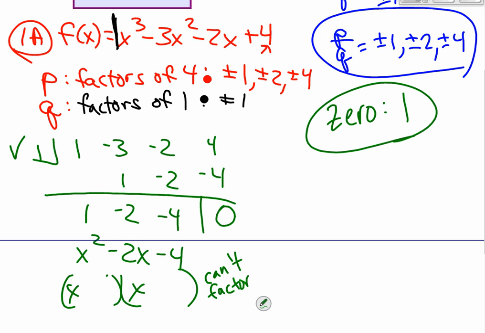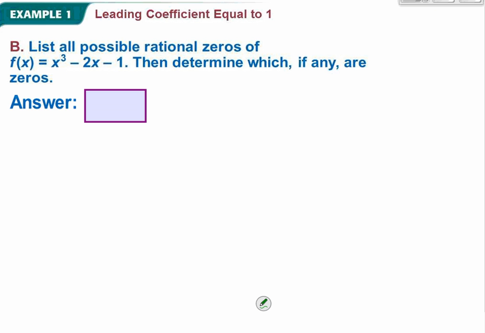So our next one is pretty straightforward also. You'll like it. It doesn't give us a lot of rational things to try. And so it'll be a short problem to do, but there is one thing to be careful of here. And so this is 1b, and it is f of x equals x to the third minus 2x minus 1.